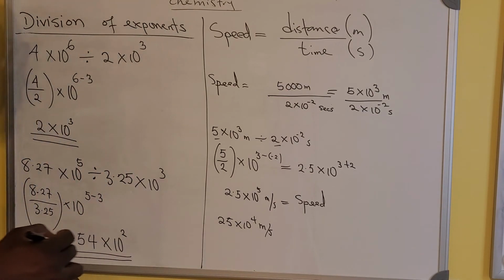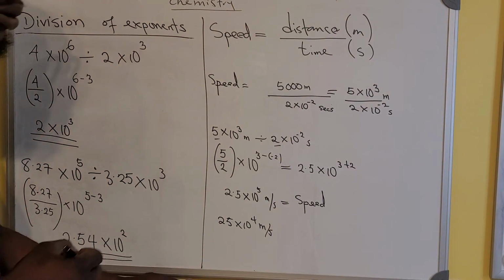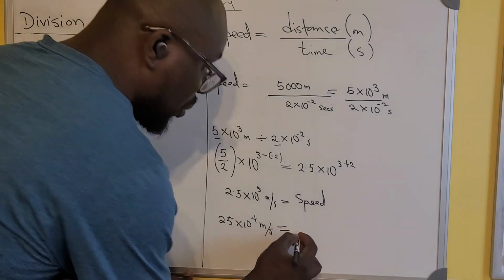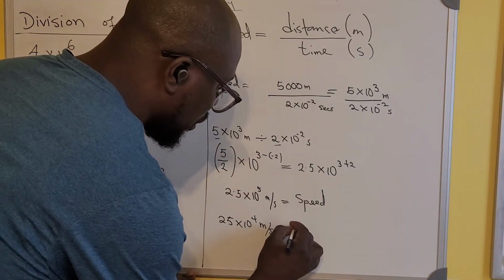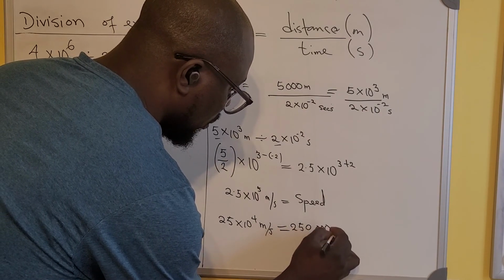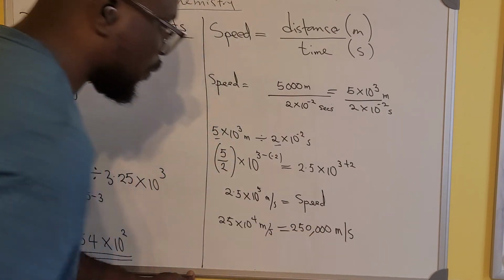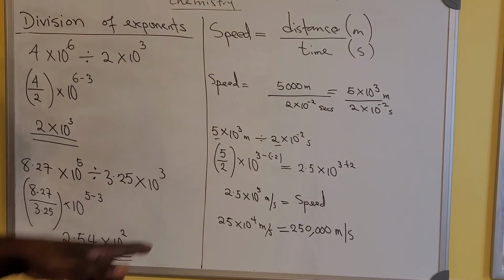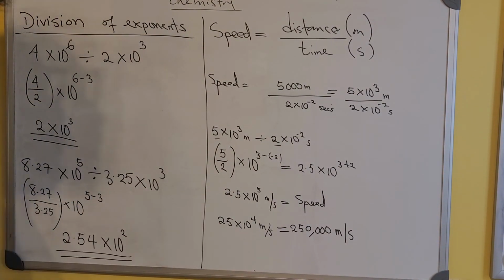That is extremely fast. If I want to write this out as a number without the exponent, that will be 25 with 4 zeros meters per second. That means this bullet is traveling at 250,000 meters per second.